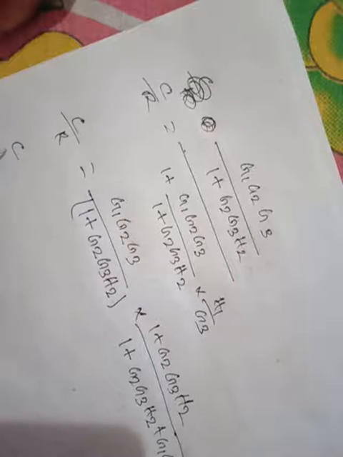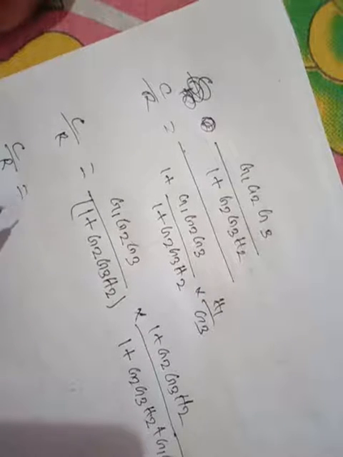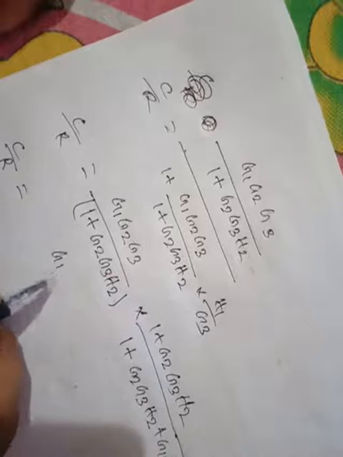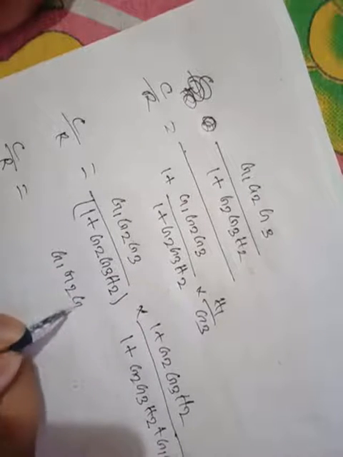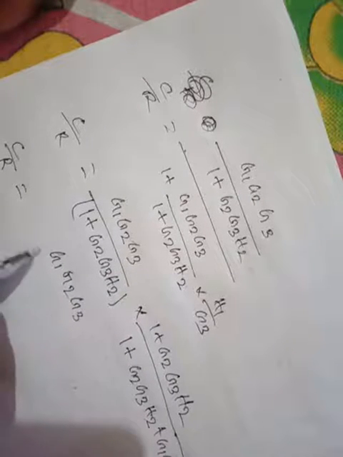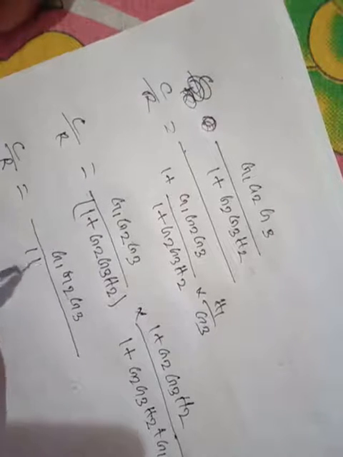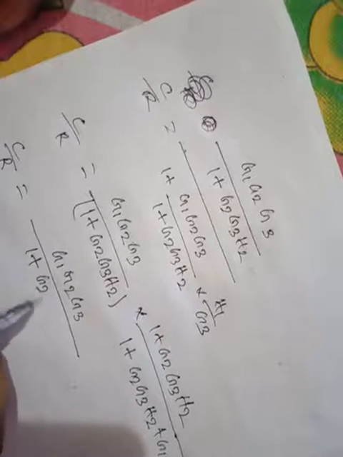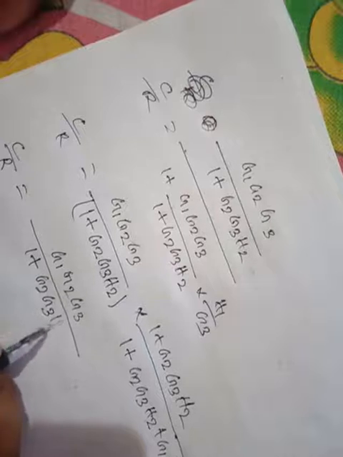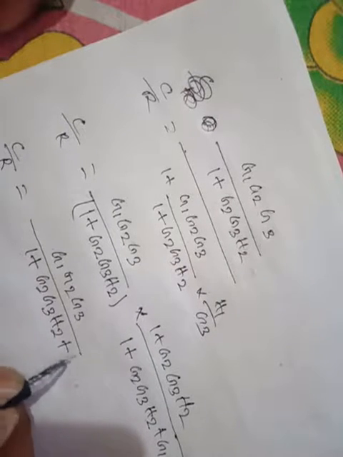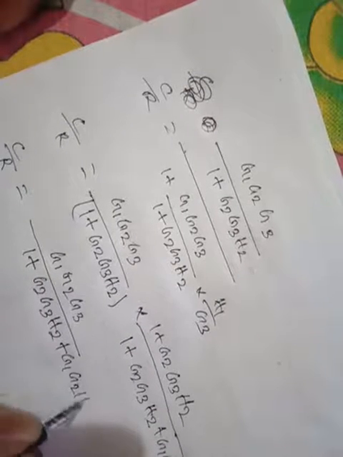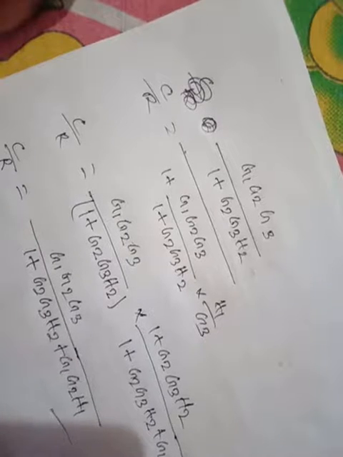The final result equals G1, G2, G3 by 1 plus G2, G3, H2 plus G1, G2 into H1. This is the final result.